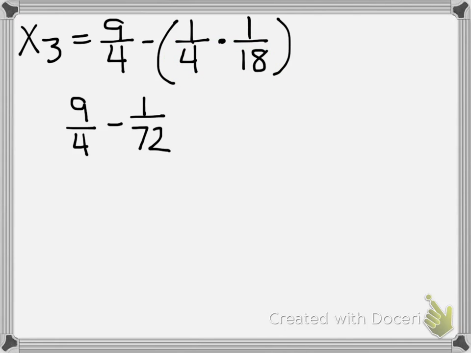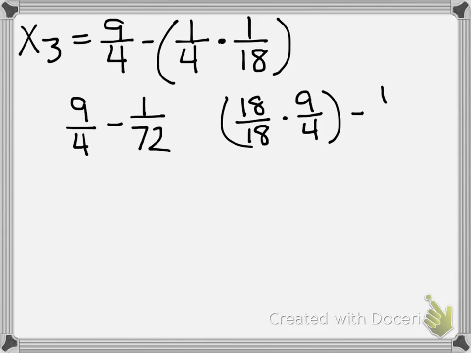Okay, so whenever you're doing the common denominator, since we're going by 18 over 18, which is the same as 1, times our 9 over 4, and that's going to be minus 1 over 72.